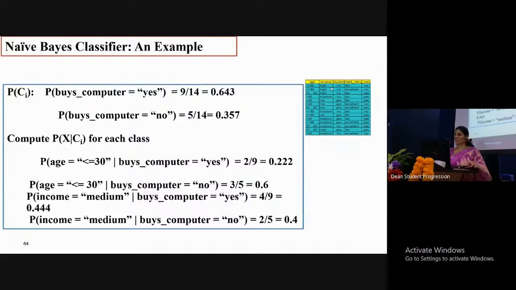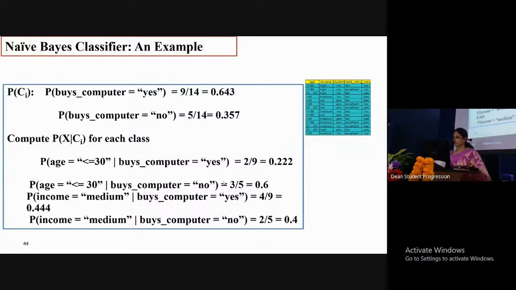Out of 14 tuples, I have 9 yes and 5 no. In those 5 no, the number with age less than or equal to 30 is 3. So for the probability of age less than or equal to 30 given buys computer equal to no, you have 3 by 5. Okay, so this is the first conditional probability we have calculated. The next one is income.